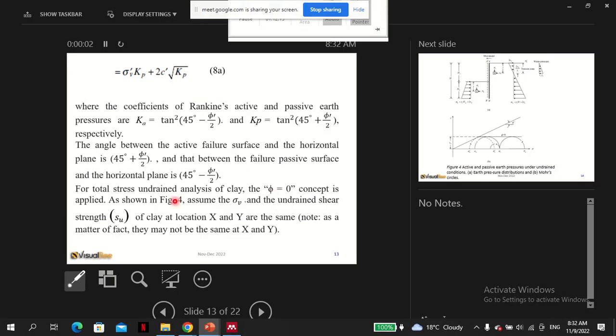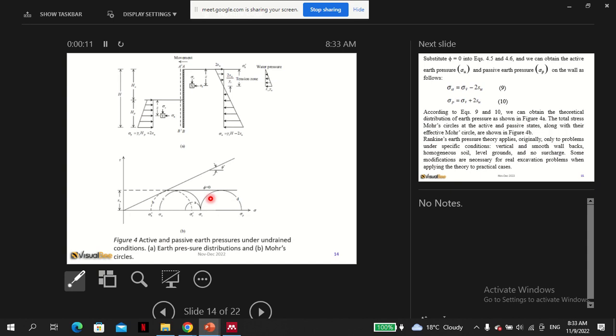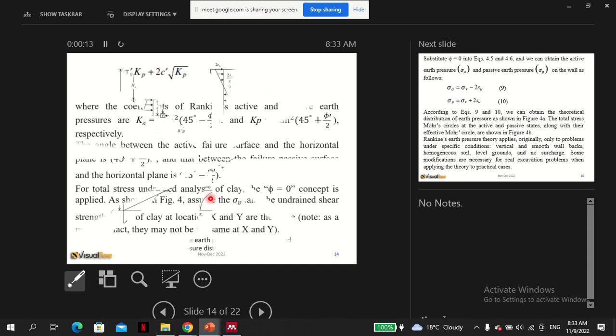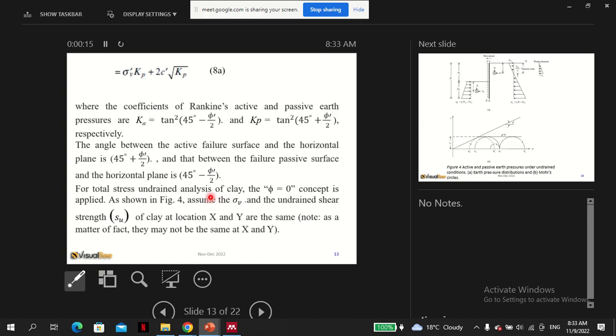So for total stress and undrained analysis of clay, the phi equals 0 concept is applied as shown in figure 4. In figure 4, assume the sigma V and the undrained shear strength of clay at the bottom x, y are the same. Note, as a matter of fact, they may not be the same x and y.